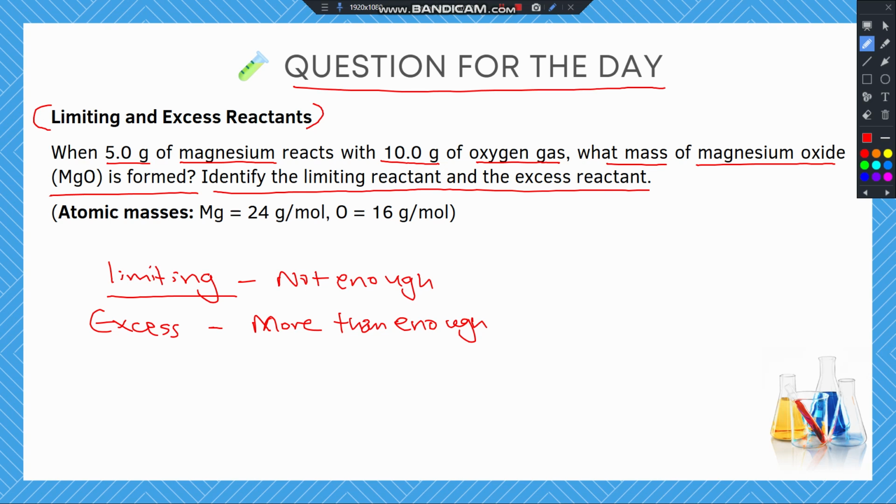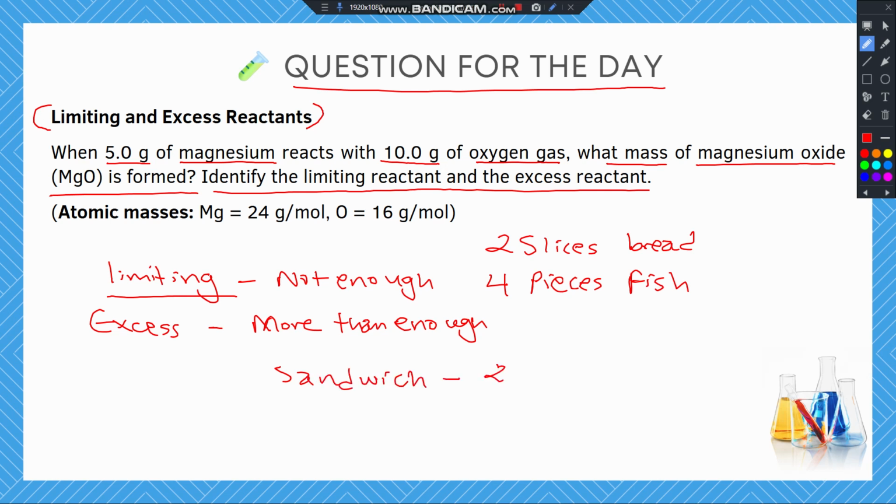Let me use a concept that you can relate to. Say you have 2 slices of bread and 4 pieces of fish, and you want to make sandwiches, and one sandwich requires 2 pieces of bread and 1 piece of fish.